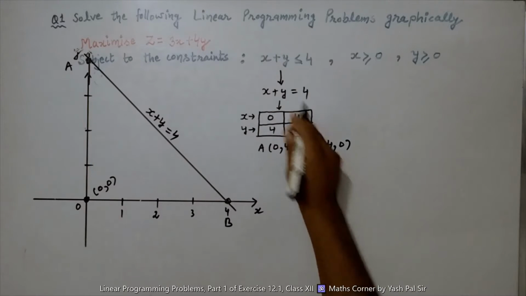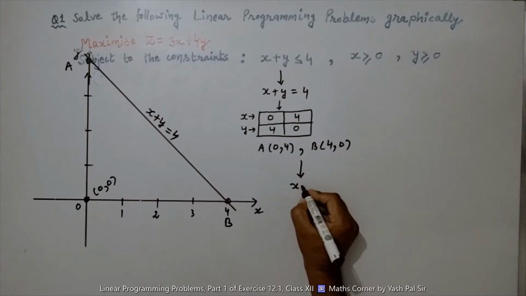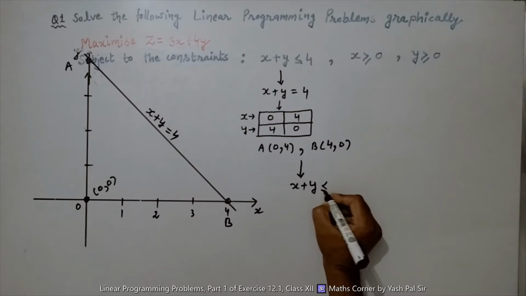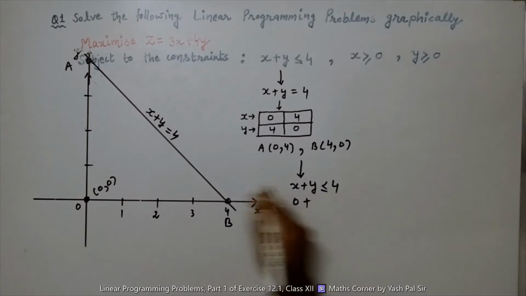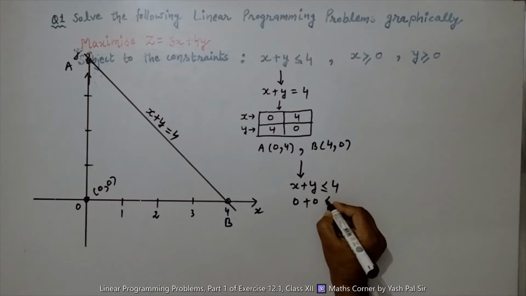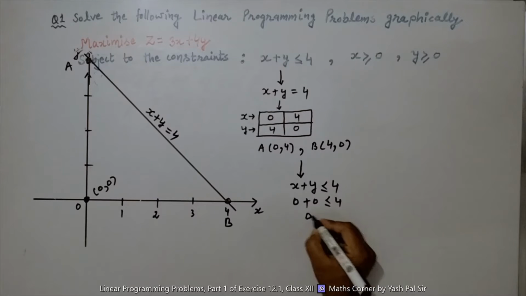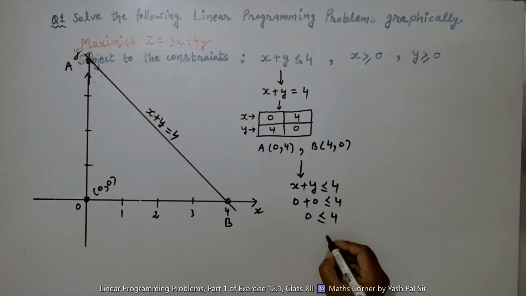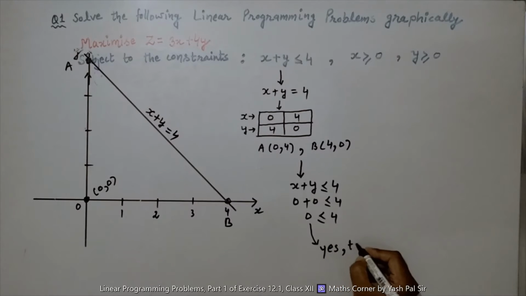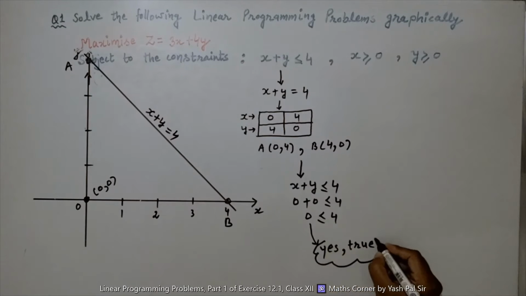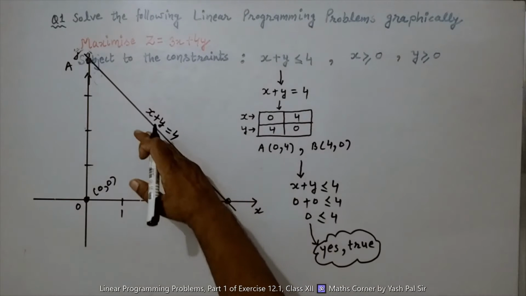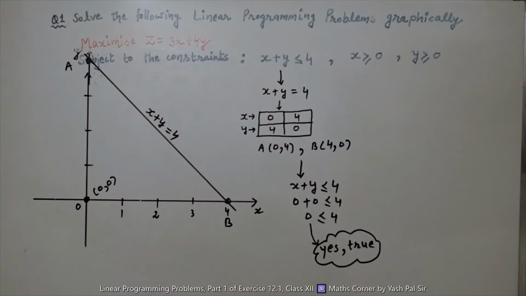So the given constraint was x plus y less than or equal to 4. We put x equal to 0 and y equal to 0: 0 less than or equal to 4. So 0 is less than or equal to 4. Yes, this is true. If this is true, this indicates that the shading will be towards this point.